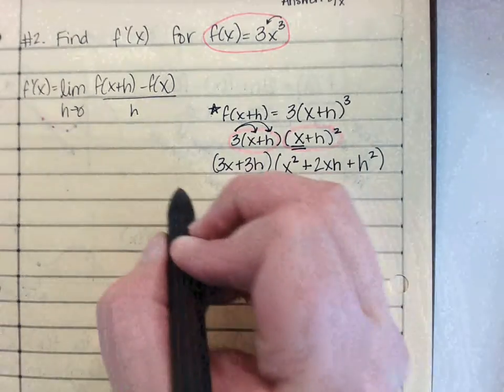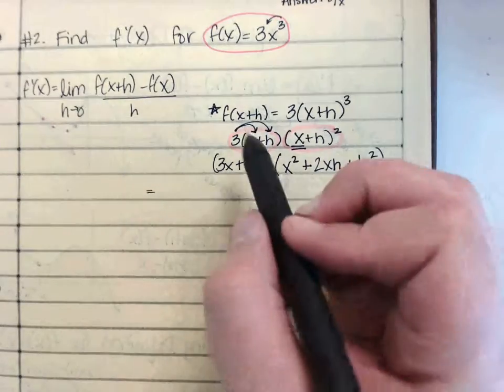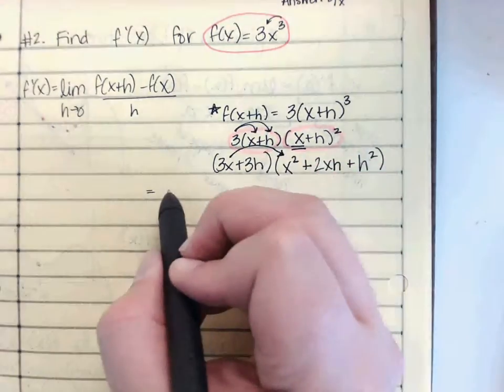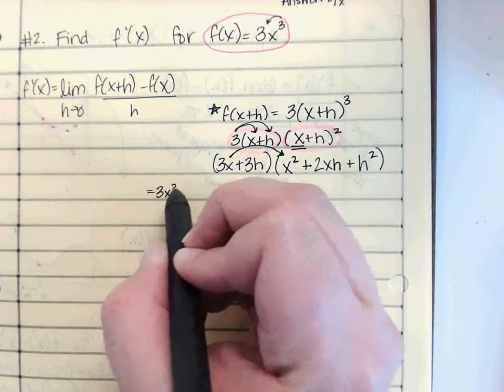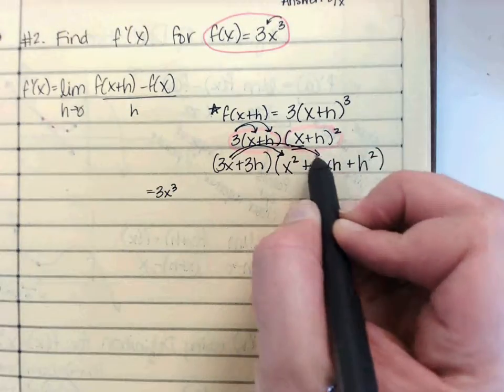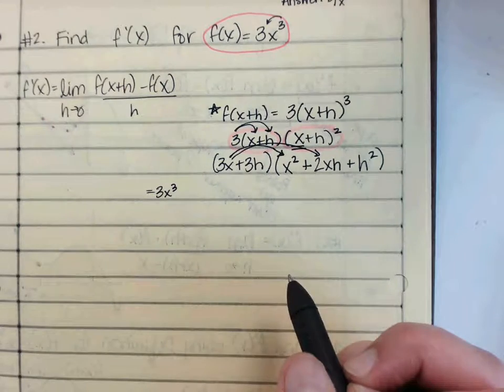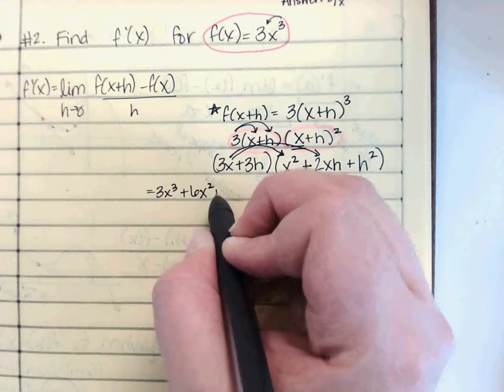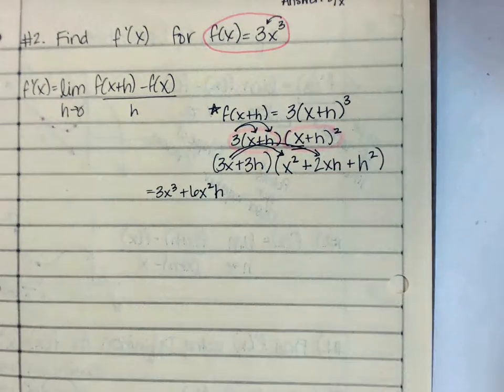So here we go. We're double distributing. What is 3x times x squared? 3x cubed. What is 3x times 2xh? 6x squared with only one h. Okay, next term.